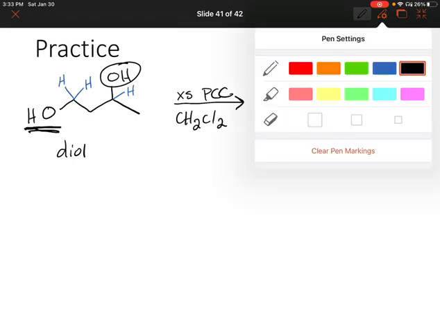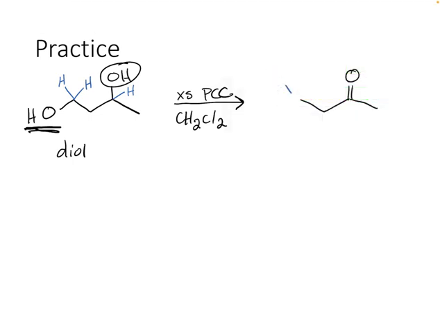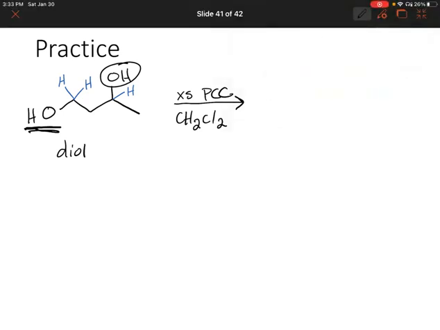Oh gosh, I drew this molecule so poorly. Let me redraw it. It's a little wobbly. Let's see. So I'm trying to make it look like this. And then the hydrogen is up there. So even though we said that PCC will allow us to stop at an aldehyde for a primary alcohol, that doesn't mean that it can't oxidize anything else.